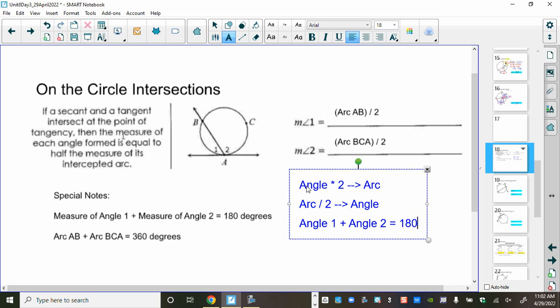All right? And the smaller arc and the bigger arc add up to 360. So small arc plus big arc equals 360. Those are really the rules you need to know. And again, a lot of this is stuff we've already talked about.